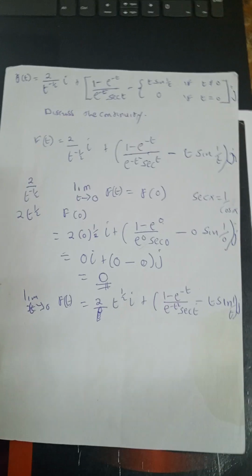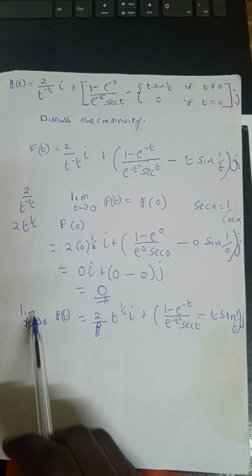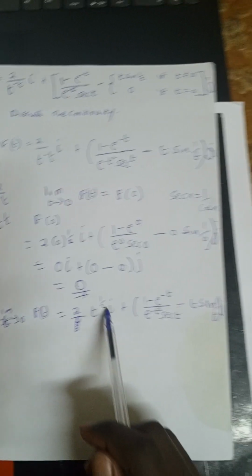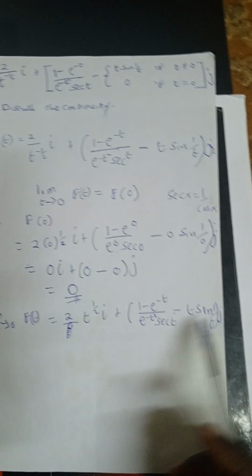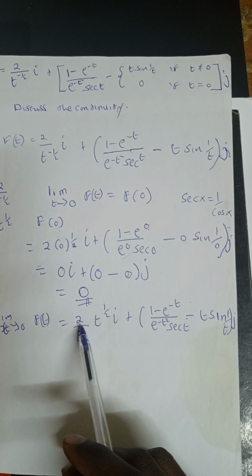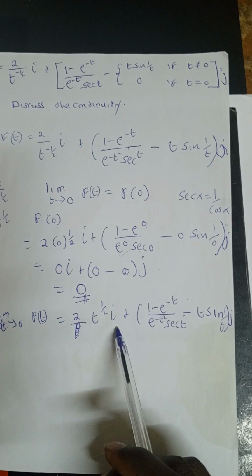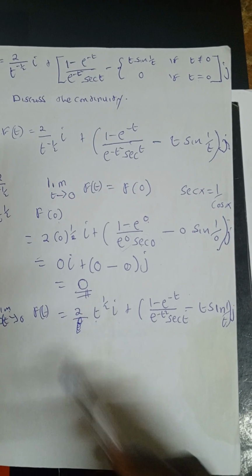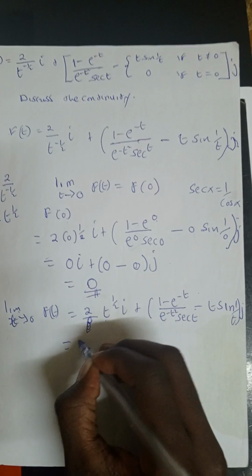Now from here we are letting the limit as t approaches 0 for this part and for this part. For the first part, as t approaches 0, this term will be 0, because when we substitute 0 here, we are going to have 0i.